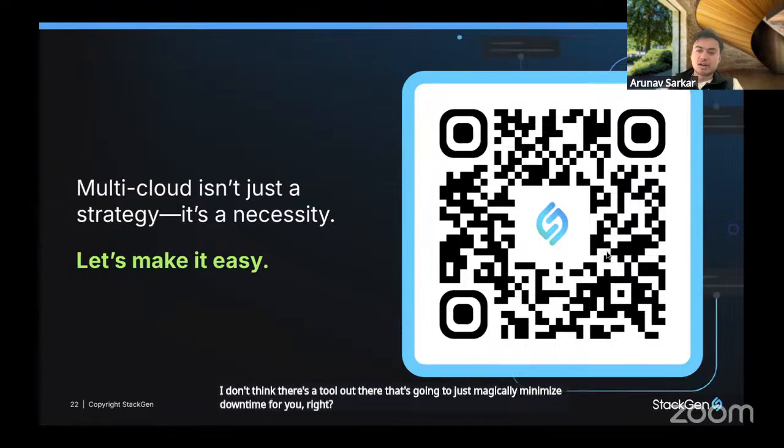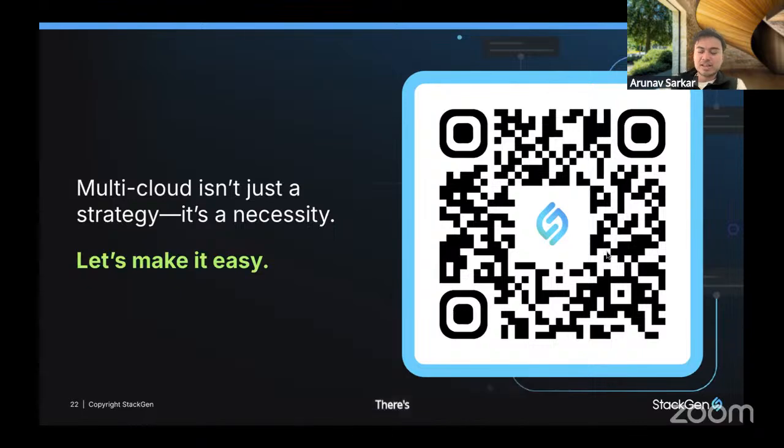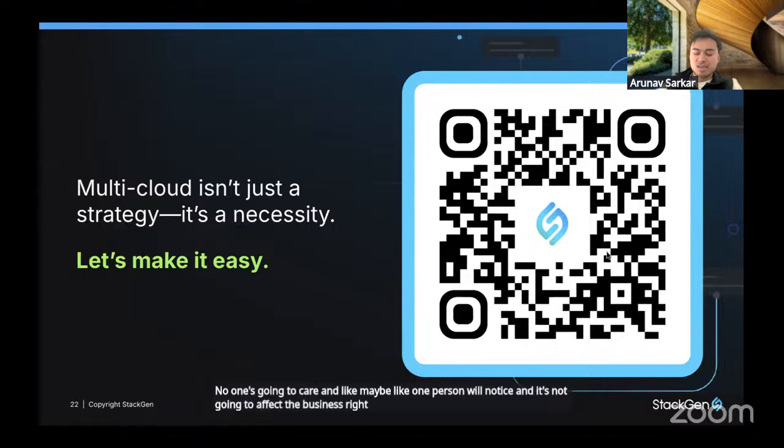You're going to have to figure out a migration strategy on an application by application basis, and figure out how much downtime, if any, is acceptable when we do this migration, right? There's a lot of internal services where if it goes down for an hour or even half a day, no one's going to care, and maybe one person will notice, and it's not going to affect the business, right? Meanwhile, there are going to be customer facing production services where absolutely we cannot suffer more than 1 minute of downtime, if even that, right?